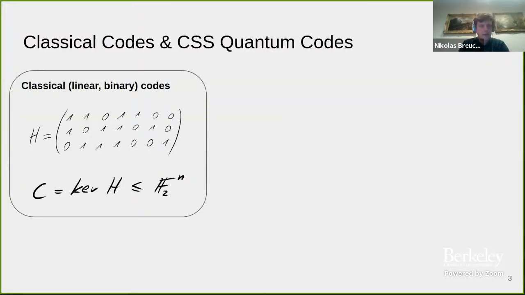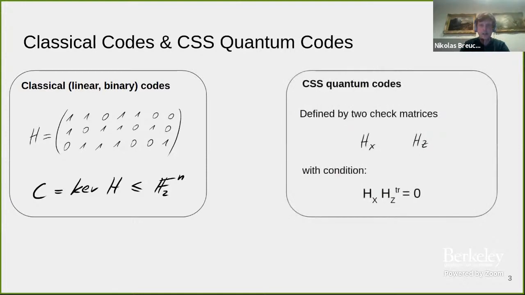Okay, so classical codes can be described simply by a so-called parity check matrix. So this is just a binary matrix with rows performing parity checks. And the kernel of this matrix is some subspace of all possible bit combinations. And this subspace we call a code.